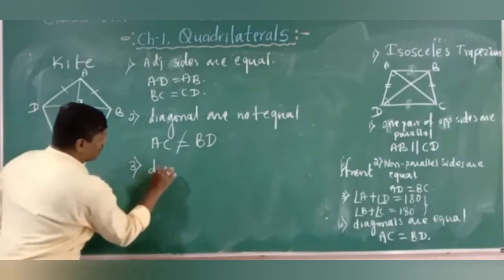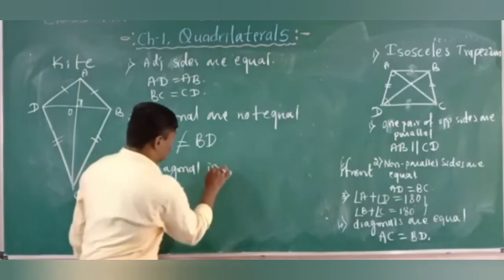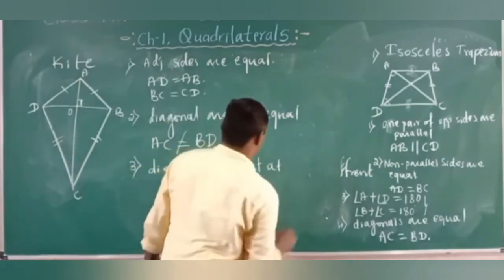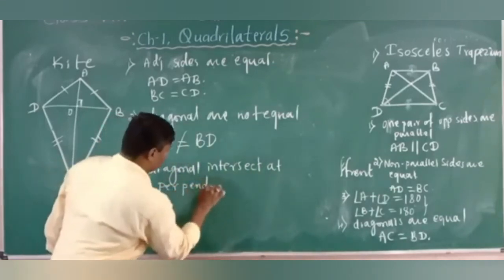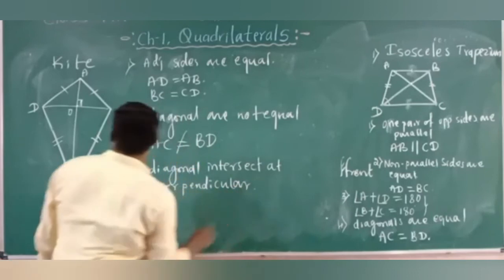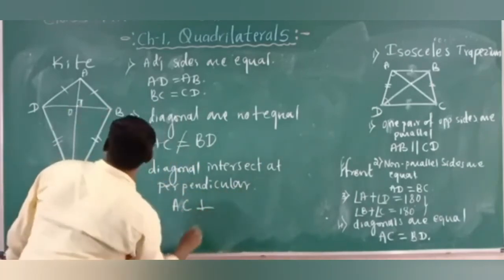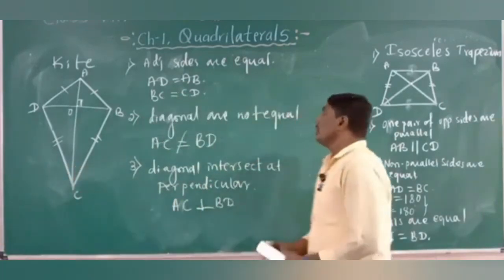So diagonals intersect perpendicularly. So AC is perpendicular to BD.